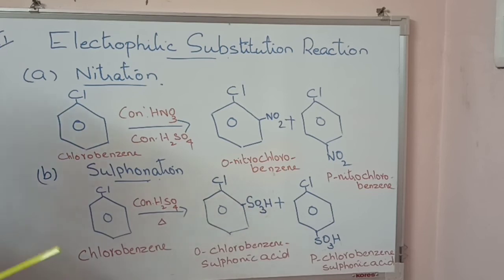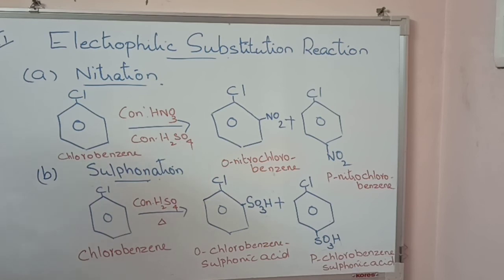The important electrophilic substitution reactions are nitration, sulfonation, halogenation and Friedel-Crafts reaction. During this reaction, this electrophile will attach at the position where the electron density is maximum, because it has a tendency to accept electron pair.